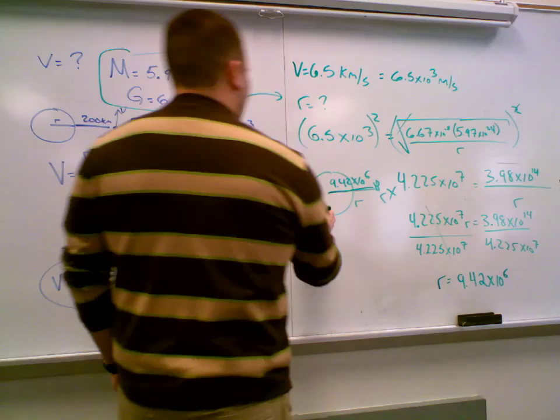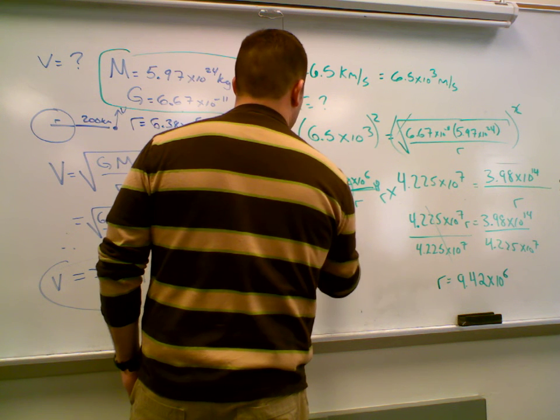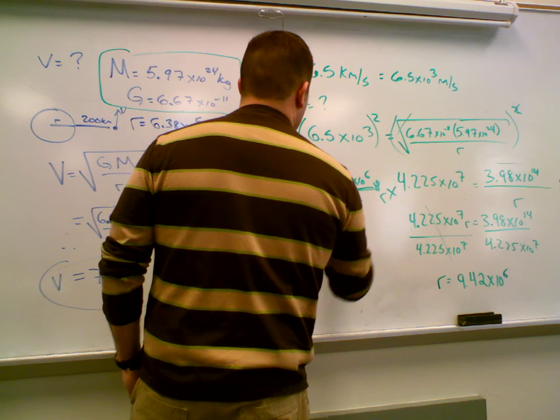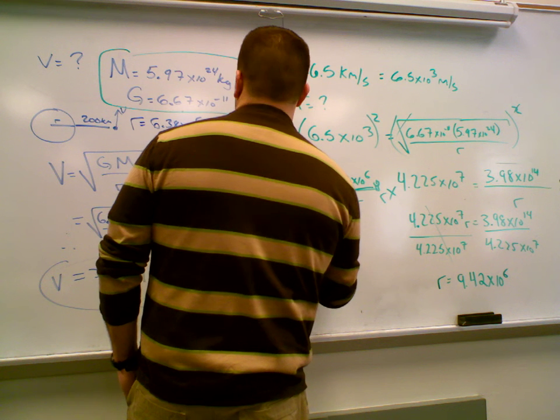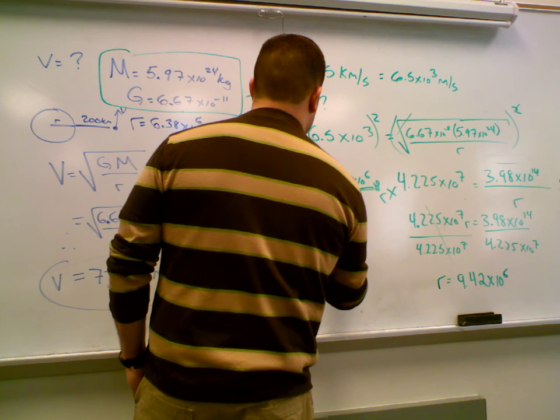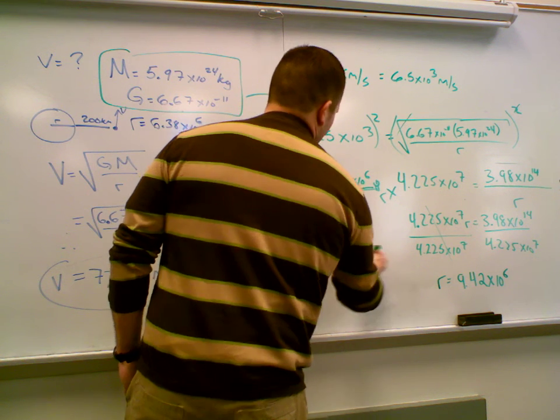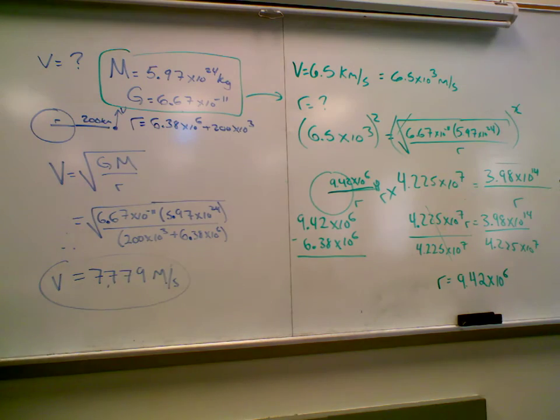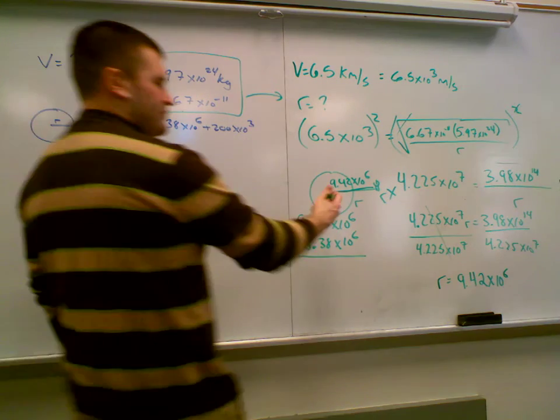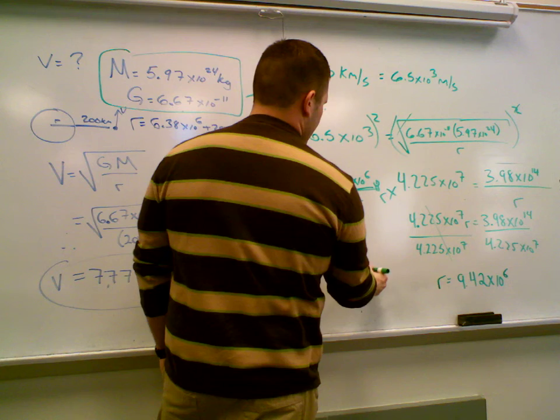So we need to take 9.42 times 10 to the 6th and subtract 6.38 times 10 to the 6th. And then we'll have how high the satellite is above the Earth. Something cool about these exponents: you don't actually subtract the exponents.